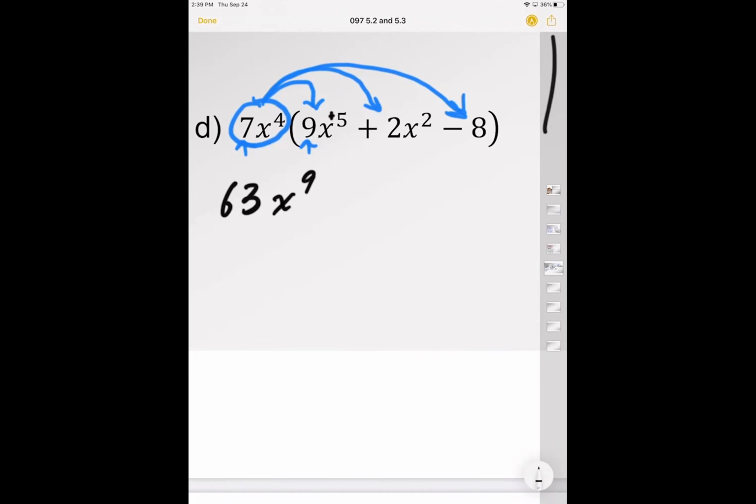And similarly, 7 times 2 gives me 14, x to the 4 times x squared will give me x to the 6. And lastly, 7 times a negative 8 will give me a negative 56. And I need to bring down my x to the 4, right? Because there's no x here, so I do not increase anything else.